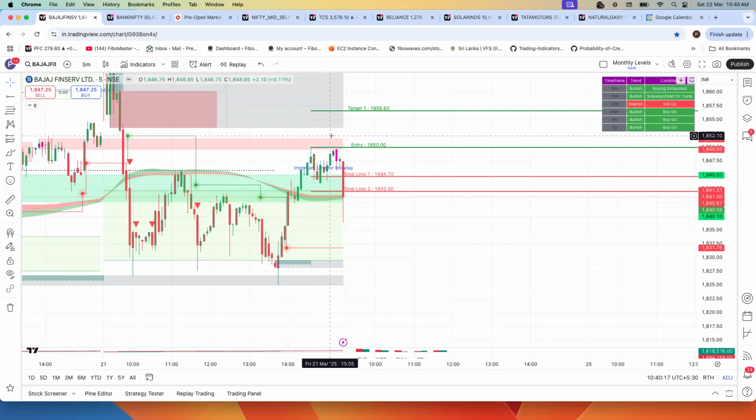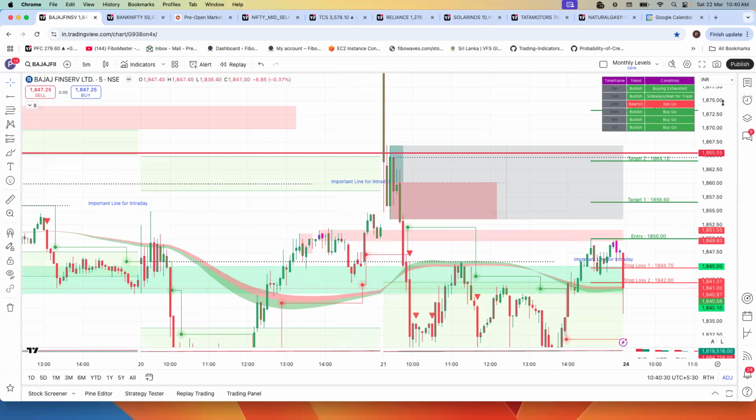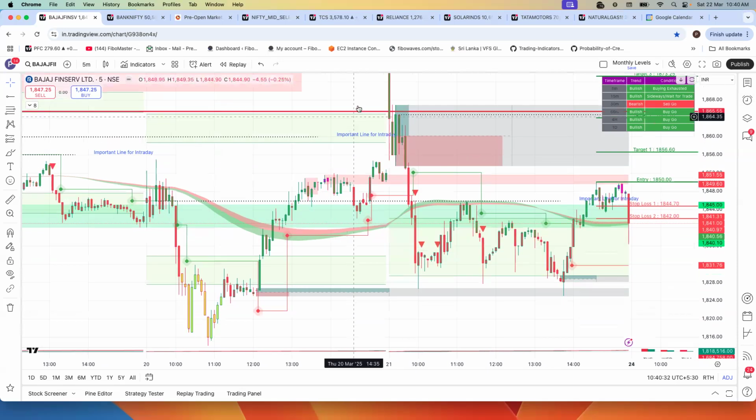Even though it goes up, it will definitely fall down. Here, it was here, right? It was falling, it went down, it went up, and then it crossed, and then it went up crazy above, but it did not sustain. It came back again to the same position where it started.